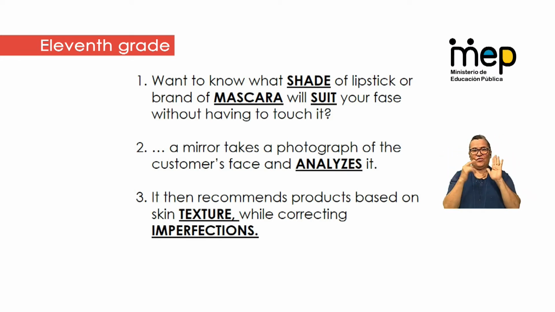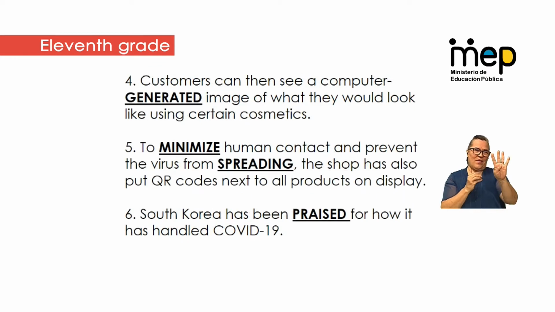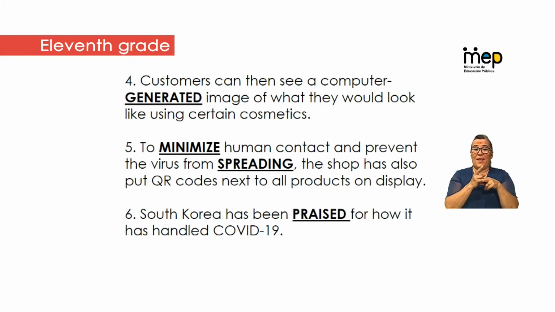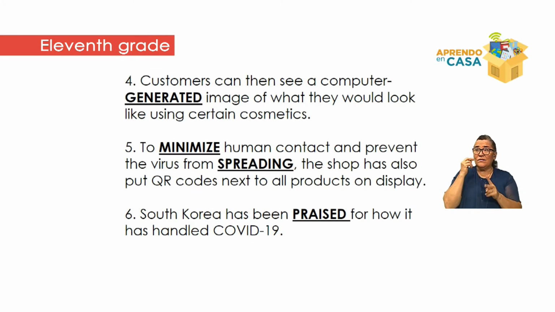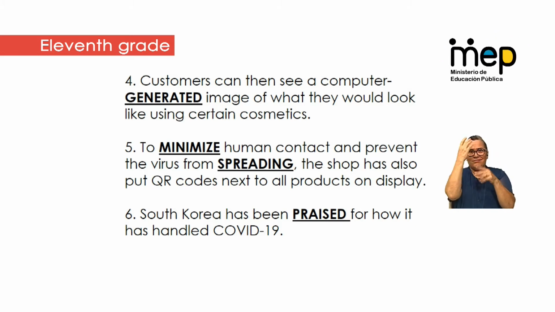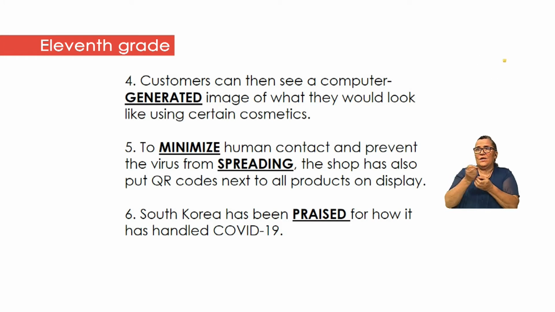Let's go to question number 4. Customers can then see a computer-generated image of what they will look like using certain cosmetics. So this is going to tell you how you can get the makeup for your face. Number 5, to minimize human contact and prevent the virus from spreading, the shop has also put QR codes next to all products on display.